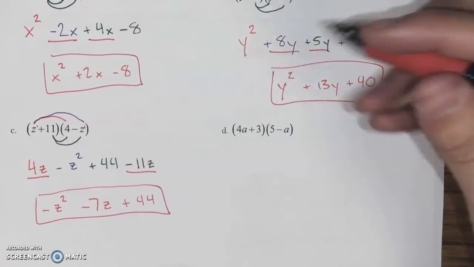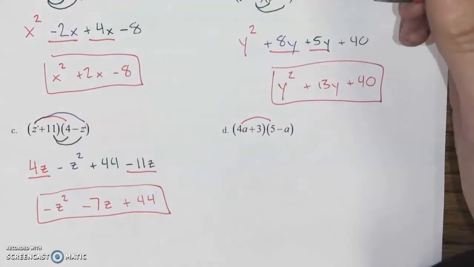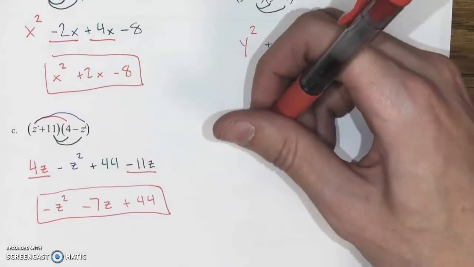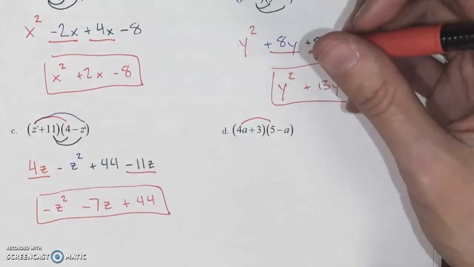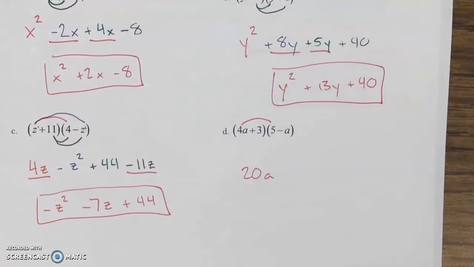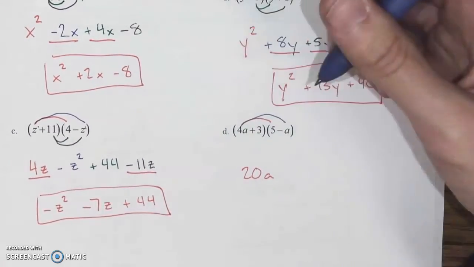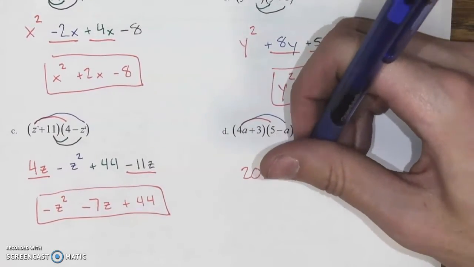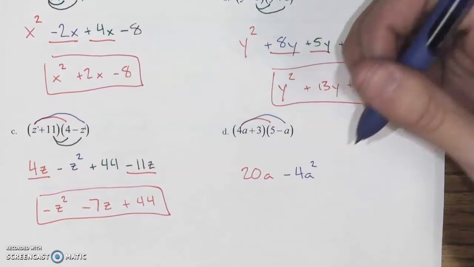The last one here, again, first, outer, inner, last. First, we have 4a times 5. Numbers with numbers, variables with variables. So 4 times 5 is 20a. Outer, we have 4a times negative a gives us a negative 4a squared.